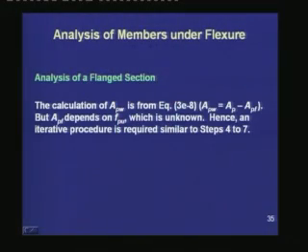Next, we have to be careful that when we are using this approximate analysis for a flange section, we need to calculate APW from the total pre-stressing steel. The calculation of APW is from equation 3E8, which is APW equal to AP minus APF, but APF depends on FPU, which is unknown, and hence again an iterative procedure, similar to that we have seen in the strain compatibility method, is required.